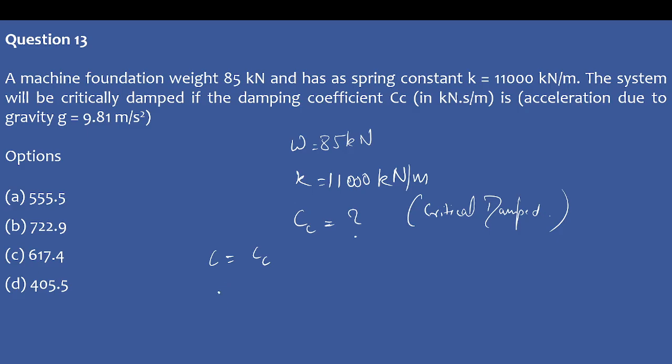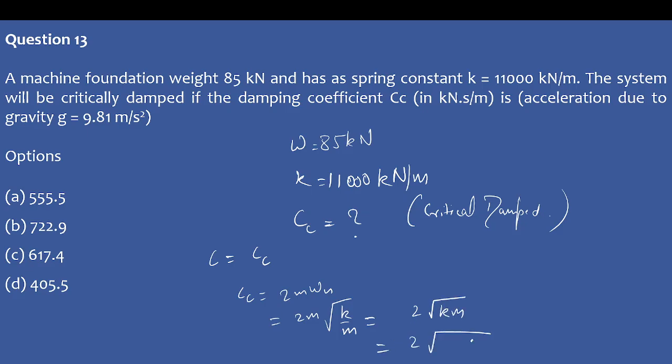In this case, Cc is given by 2m omega n, which is 2m root over k by m. So Cc is none other than 2 root over km.